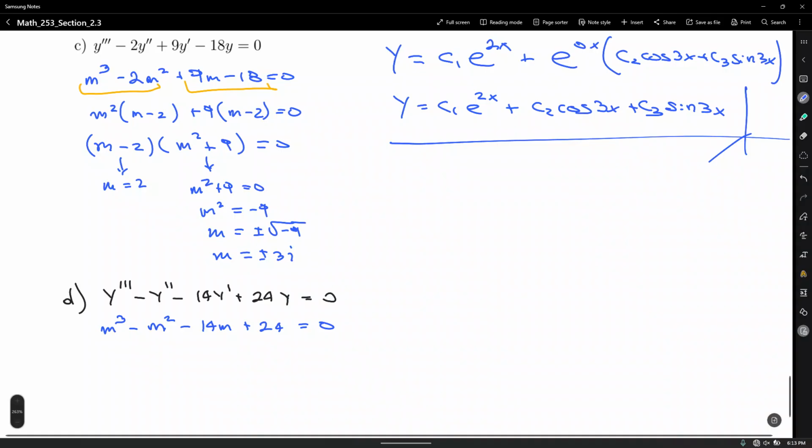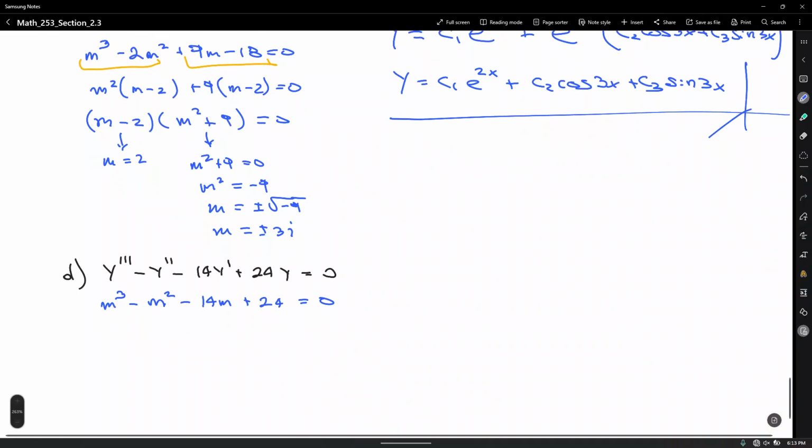So, rational root theorem. Let's list all the potential factors of 24. P over Q: plus or minus 24 over 1, plus or minus all the factors of 24. That's 1, 2, 3, 4, 6, 8, another factor, and then 12, and then 24 finally, right?